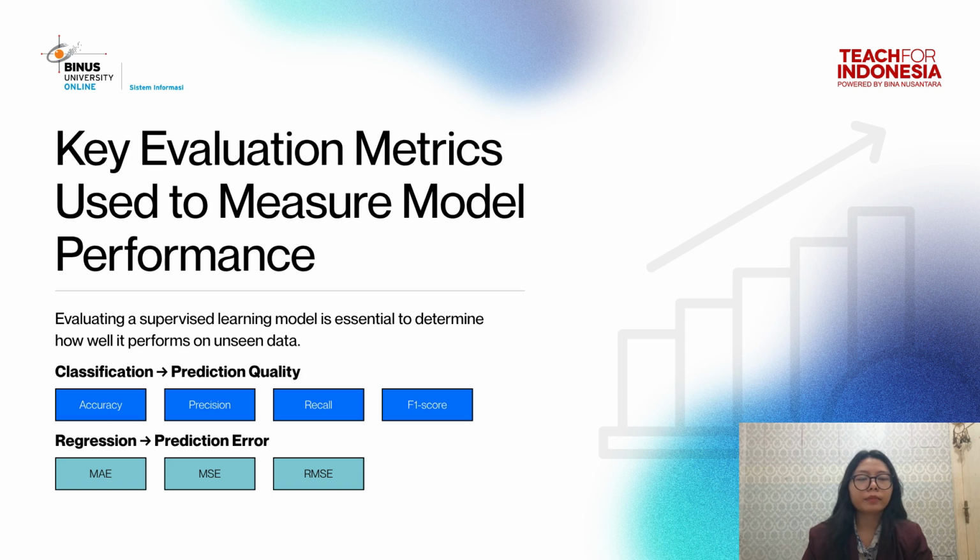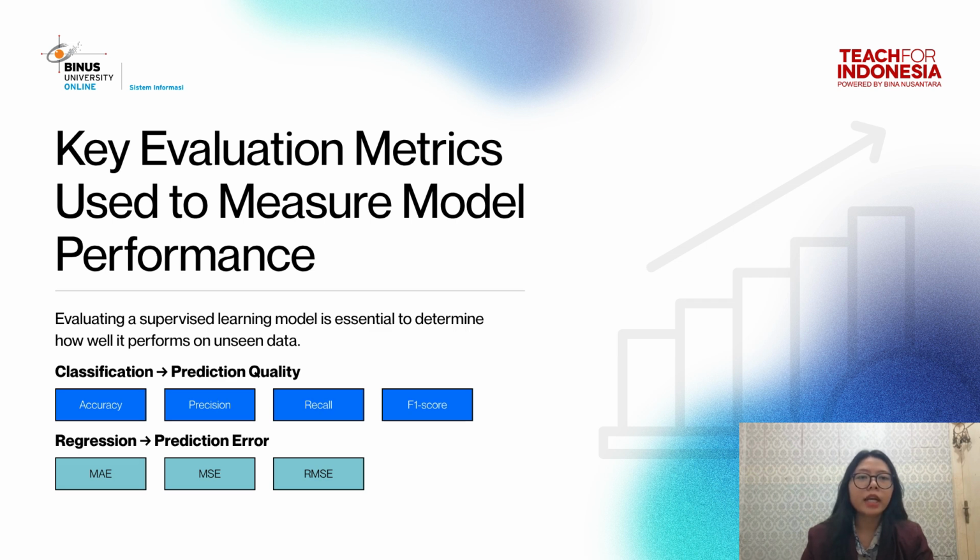Common metrics used include mean absolute error or MAE, mean squared error or MSE, and root mean squared error or RMSE. These metrics quantify the difference between predicted and actual values, helping us assess the accuracy of numerical predictions.